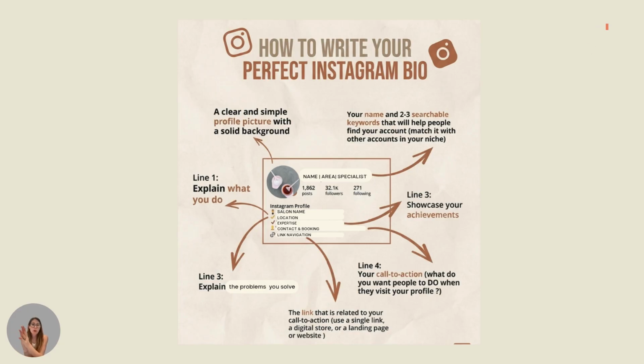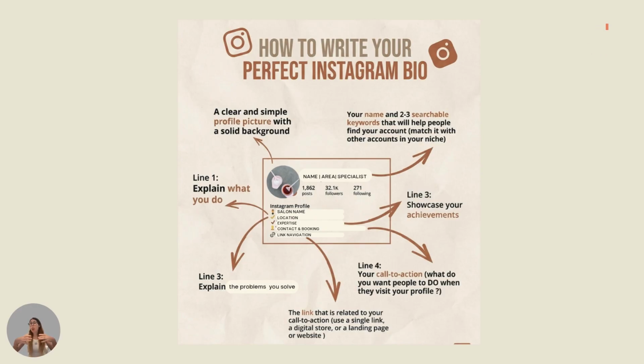You're also going to go into number 3, and you're creating a list that goes down. And you need to articulate the problem that you solve. So it could be, I am an extension specialist solving hair loss. I am a blonde specialist working in color correction. I am a haircutting specialist that works with face structure and natural hair texture.